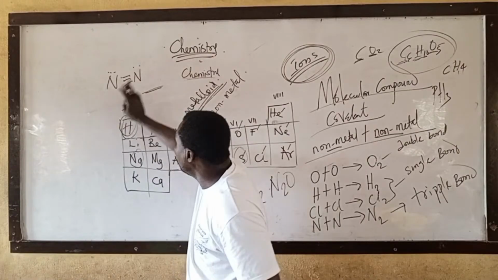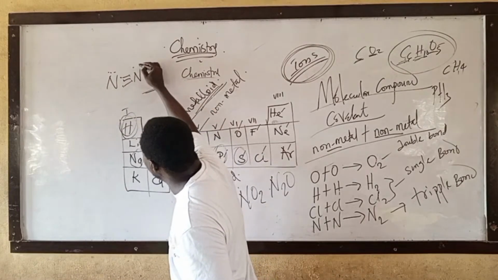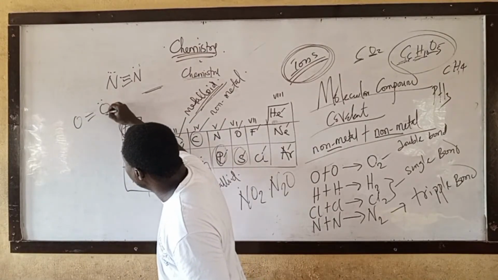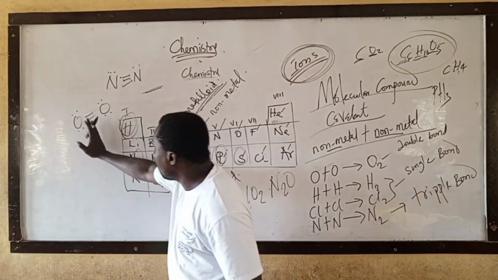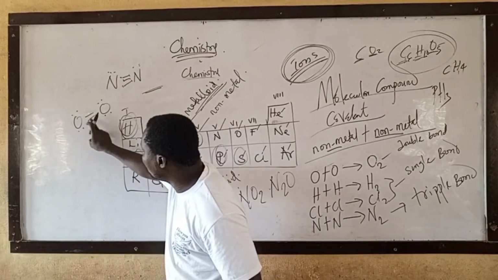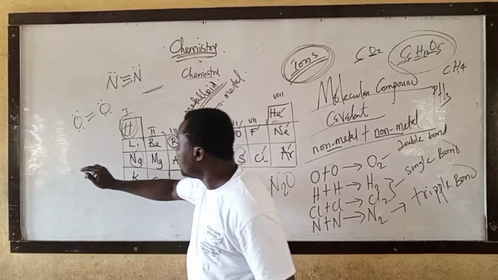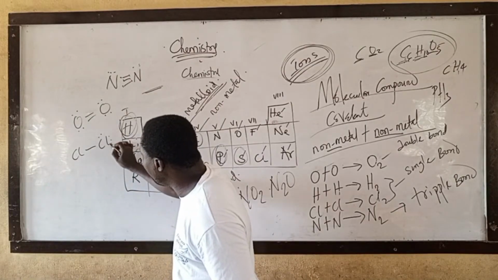For this one, stable. For this one, 1, 2, 3, 4, 5, 6, 7, 8. Stable. For oxygen, it's a double bond. How many electrons on this one? 1, 2, 3, 4, 5, 6, 7, 8. On this one, 2, 8 electrons. That means a single bond for chlorine, single. 1, 2.